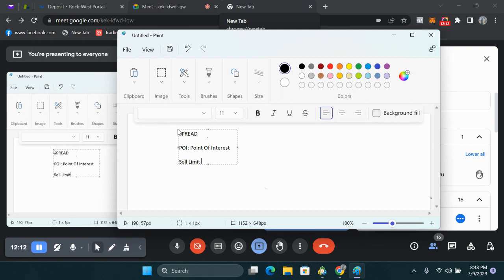So now you have the sell limit order, you have the buy limit order, then we have the sell stop, we have the buy stop, and we have market execution.